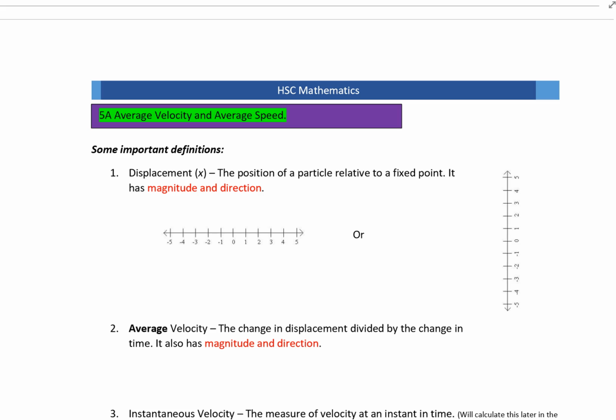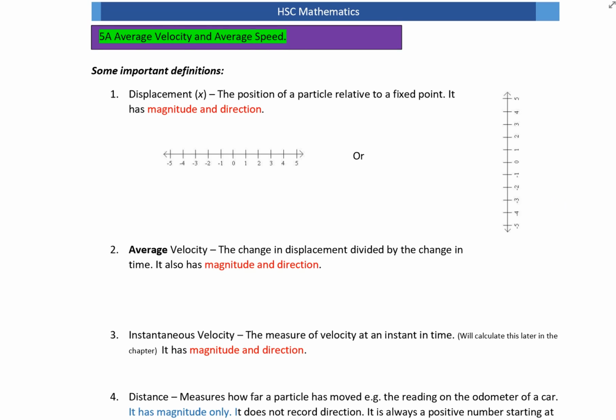Okay, let's look at 5A. 5A sets up some really important definitions. Now, most of the questions that you will get will be problem style, worded questions. It's so important when you read the question that you are paying attention to detail, that you are noticing the difference in terms like displacement or distance, and I'll point that out as I go through.